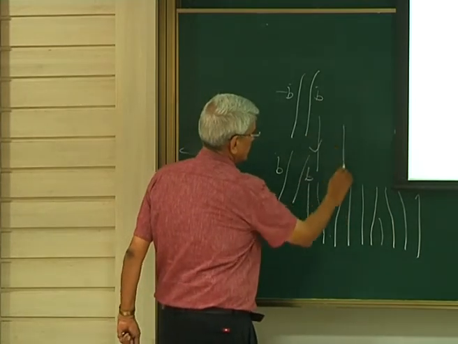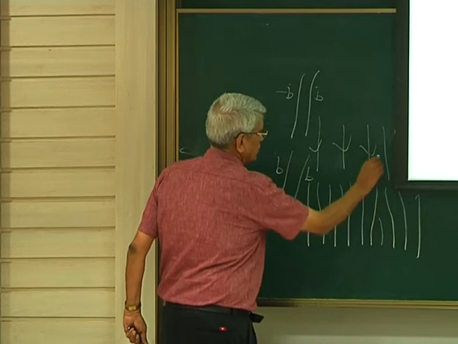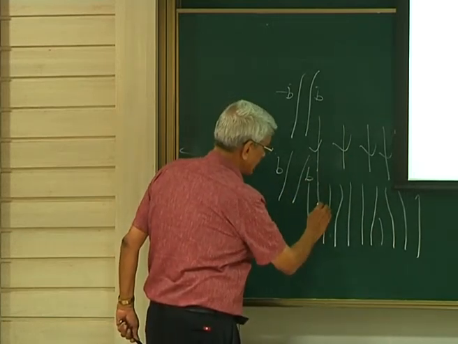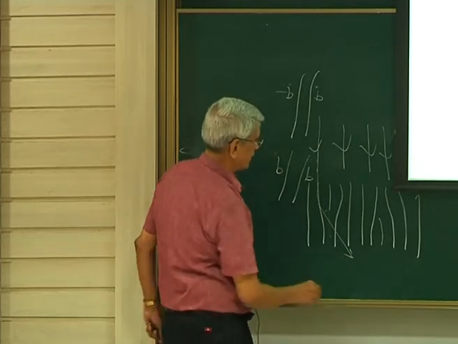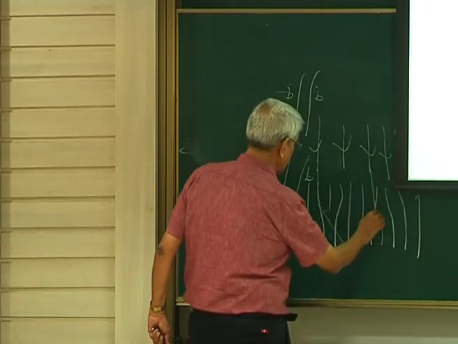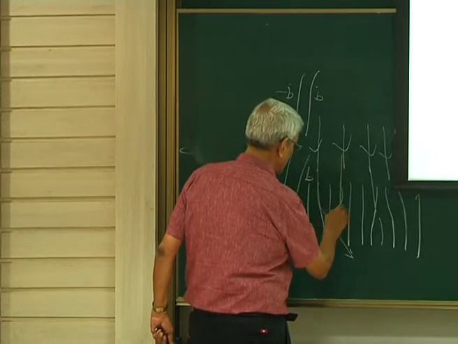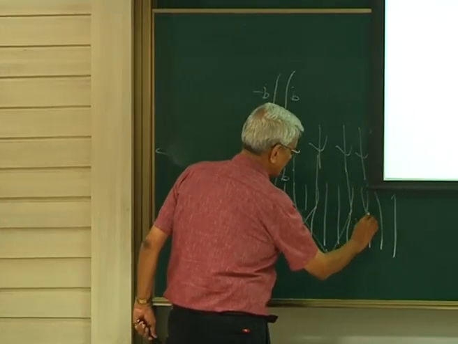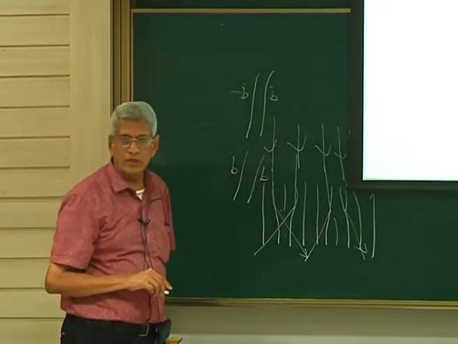When a parallel beam enters in this way and passes through this, it will be scattered in this direction, okay. From here, if you see this, it will be scattered in this direction. You will be seeing scattering from these directions, correct? This is what is going to happen.